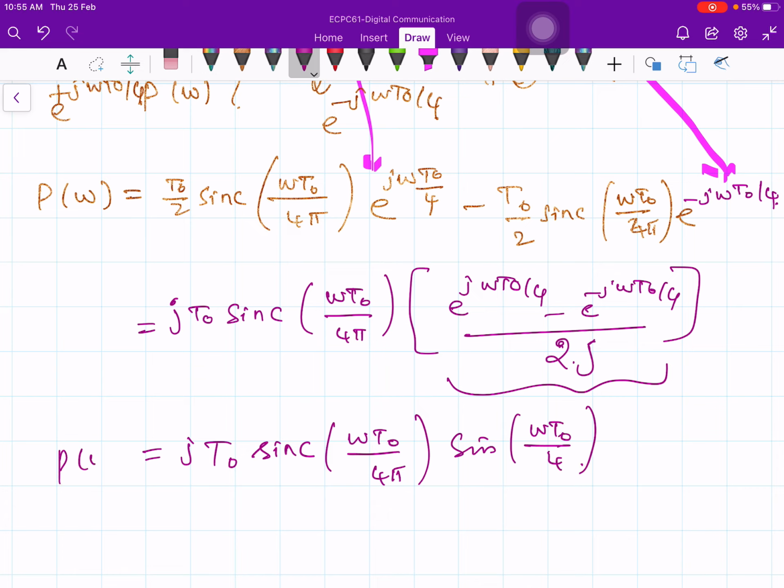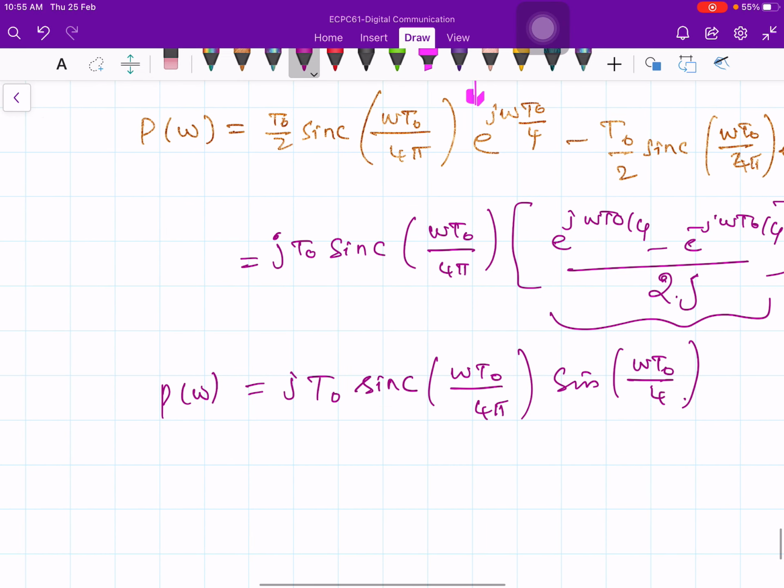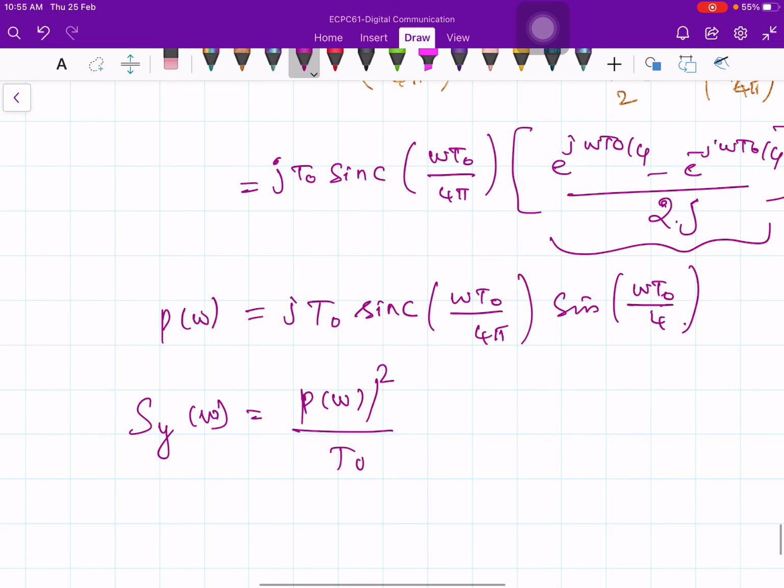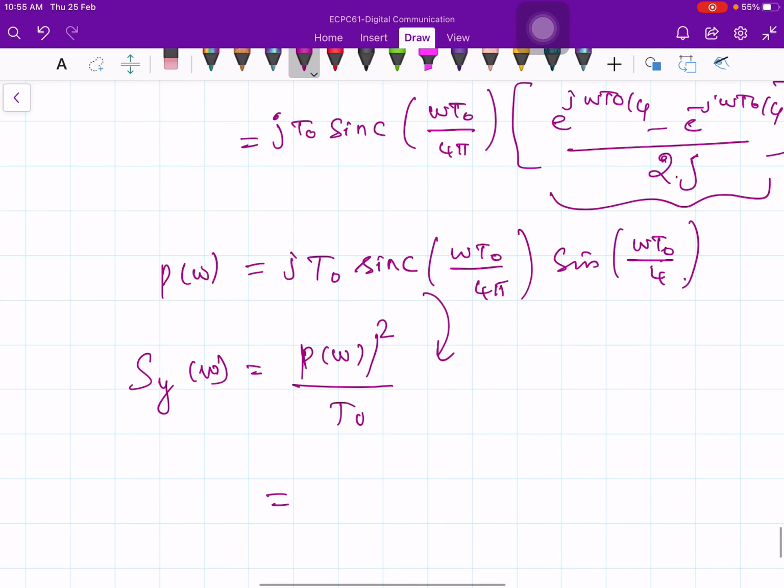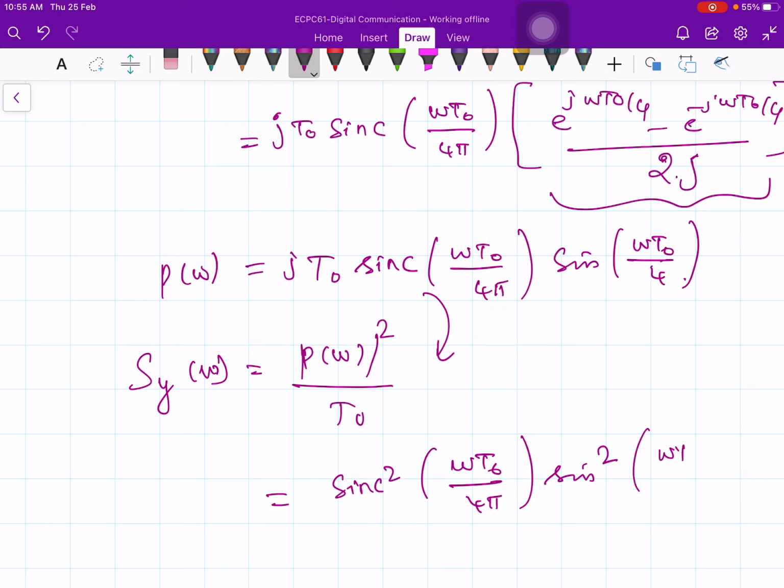This is my P of omega. Now, what is your psi of omega? Psi of omega is equal to P of omega mod square divided by t naught. Now, you take mod square and divide by t naught, then it is going to be sinc square of omega t0 by 4 pi sine squared of omega t0 by 4. That is it.